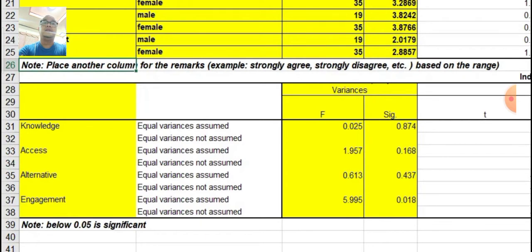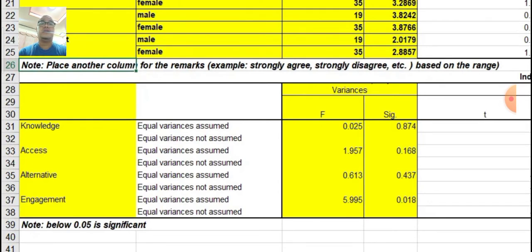Kinompare niya yung response ng female and male. Ang notation natin dito is that those with 0.05 or below 0.05 sig means merong significant difference.